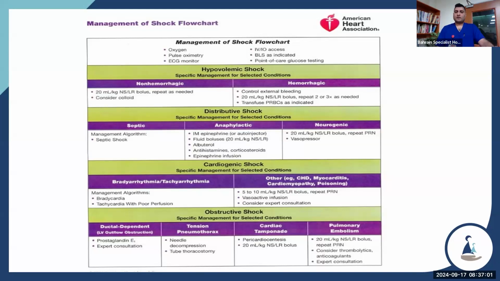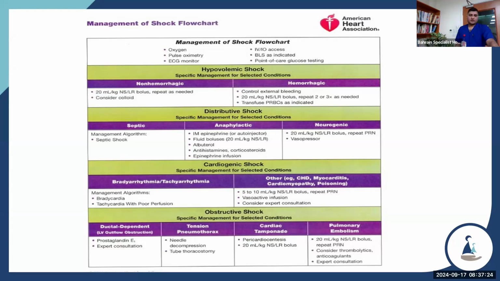Neurogenic: you give a bolus of fluid plus vasopressor. Cardiogenic shock: you can treat for bradycardia or tachycardia. Chronic heart disease, myocarditis: you limit fluid boluses, start a vasoactive infusion, and consider expert consultation.